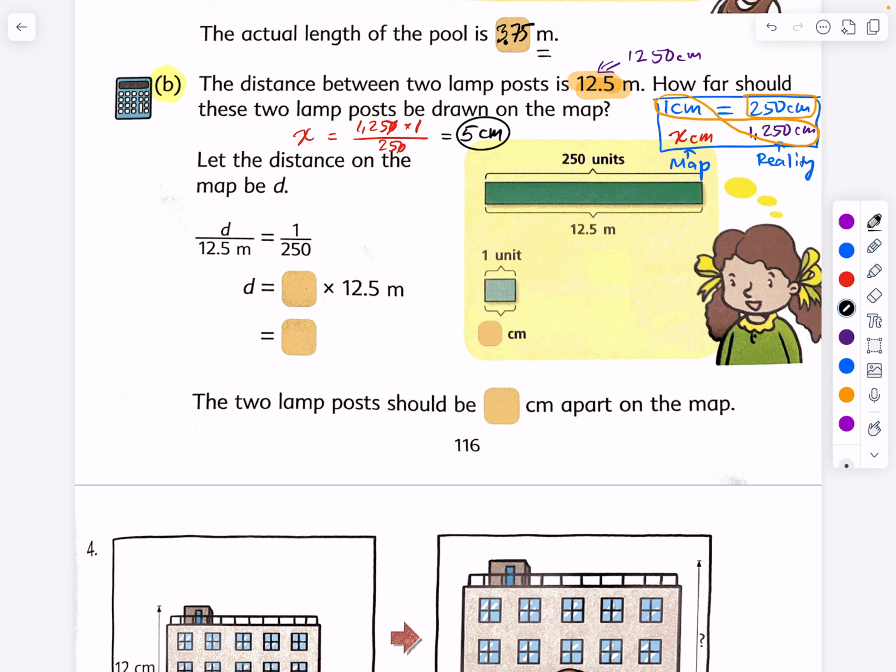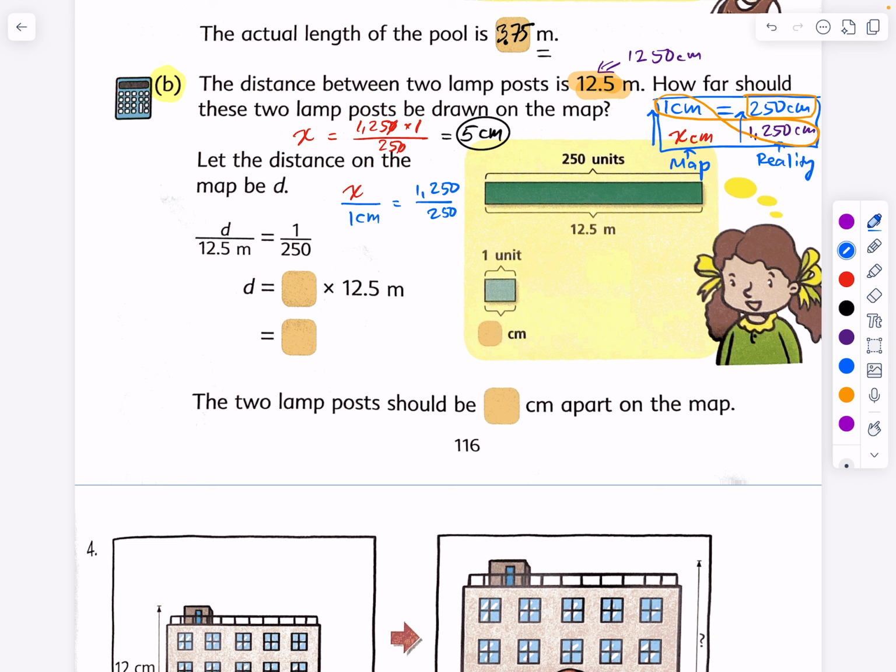Okay? Now, we could have set it up a different way. We could set it up bottom to top. We would say x to 1 centimeter is proportional to 1,250 to 250.